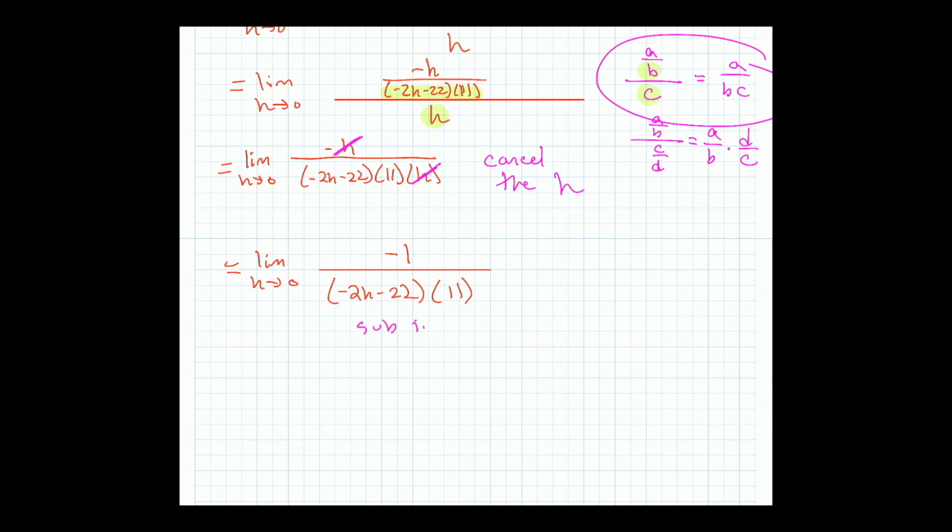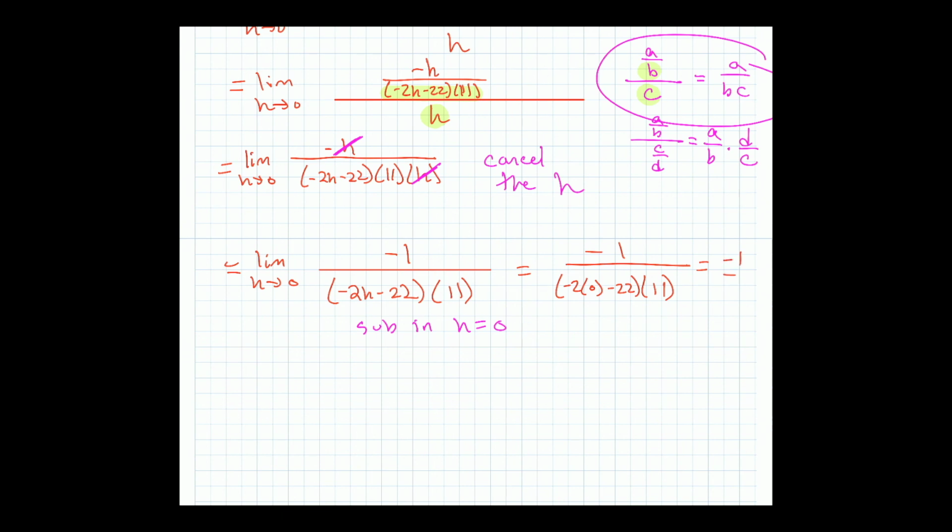So sub in h equals 0, and that's how we're going to evaluate the limit. So you put in h equals 0, we get negative 2 times 0 minus 22 times 11. Let me fix it. So the 2 times 0 is 0. So you have just negative 22 times 11 there.